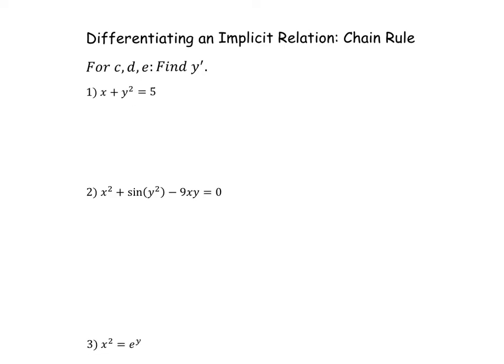Okay, this process of differentiating an implicit relation specifically uses the chain rule. There might be other rules going on depending on what the function looks like. However, to differentiate, for example, number 1, we've got 3 terms, x, y squared, and 5. If I were to take the derivative with respect to x of x, that would equal 1.